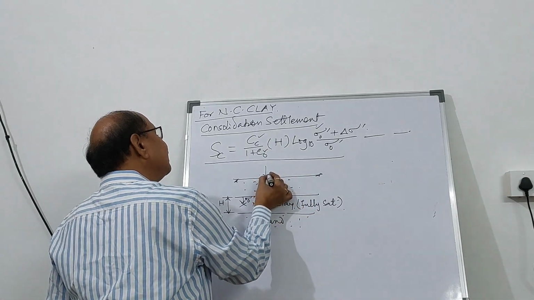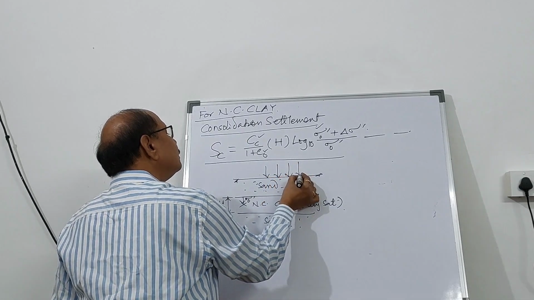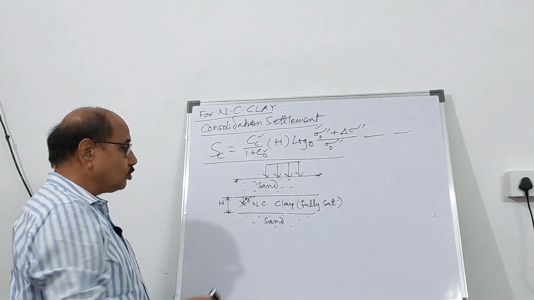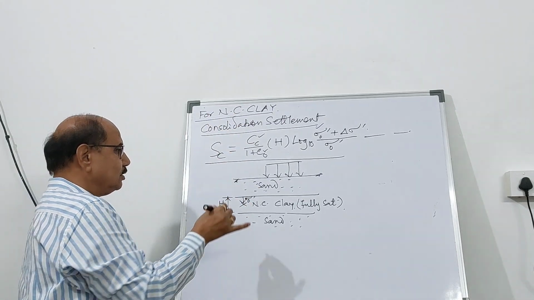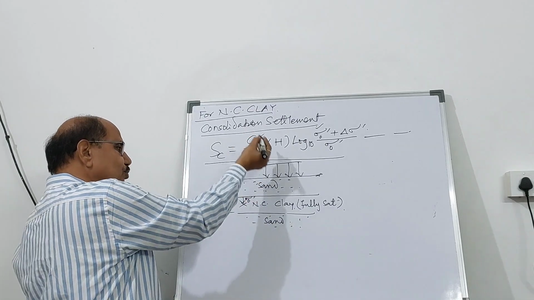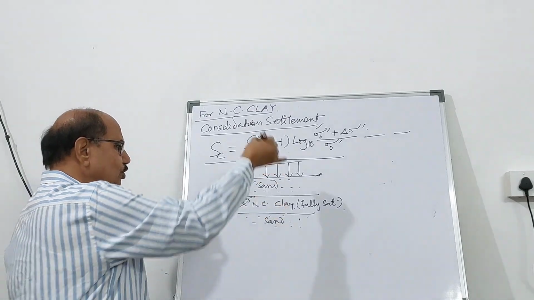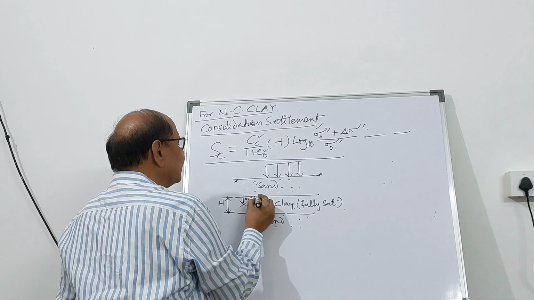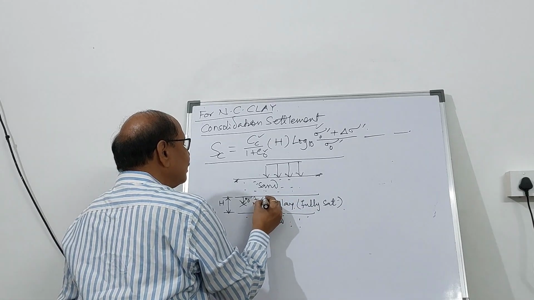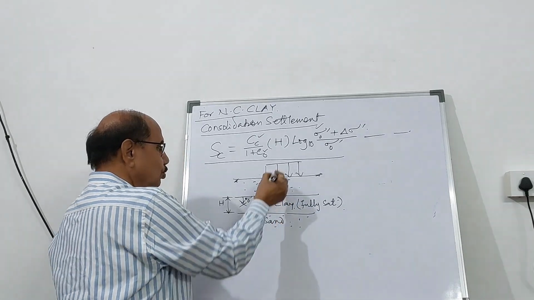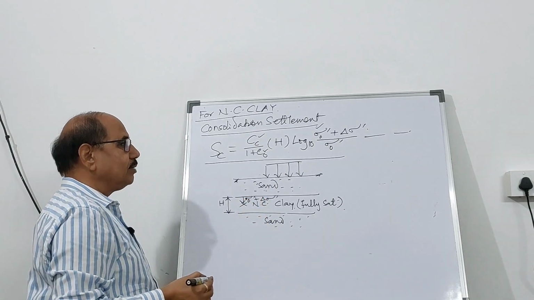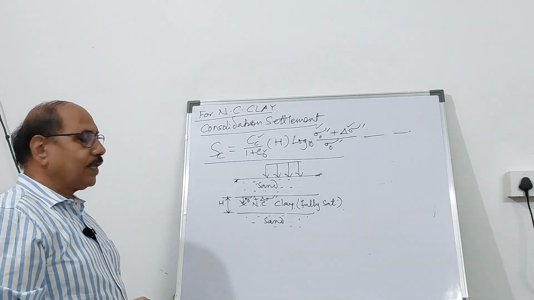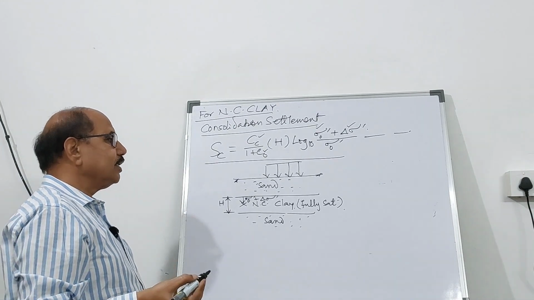And when you apply the additional pressure in the form of any structure, so that a structural load is transferred through the footing, or if you put any surcharge over here, you are going to put additional loading, and this additional loading is going to create the additional pressure, and that additional pressure due to this loading is called delta sigma prime. So this delta sigma prime you can calculate by knowing Boussinesq stress distribution theory.